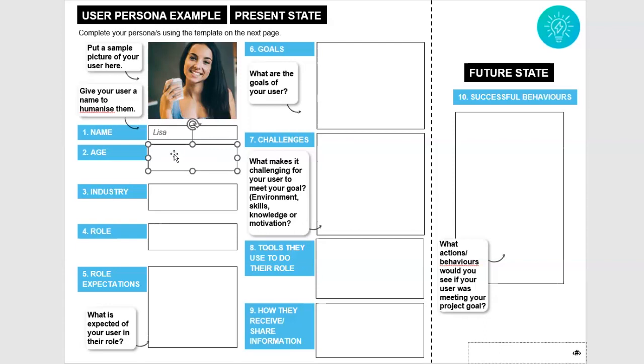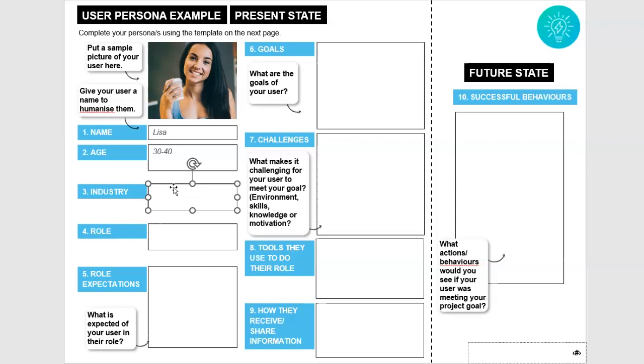Then you want to think of the age range of your audience. So the people that are completing your learning solution, what age are they approximately? So in this example, we may say our audience is around between 30 and 40 years old. Then consider their industry. So if you're creating a user persona for your own organization, what industry is your organization?